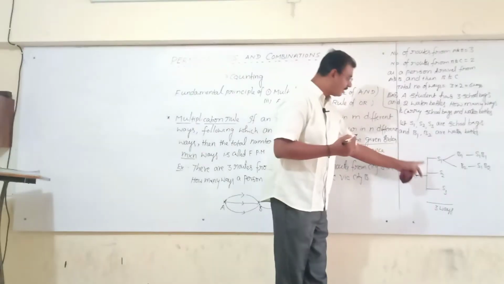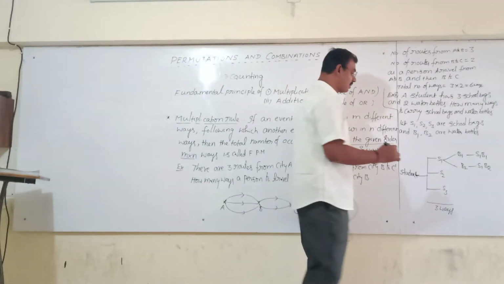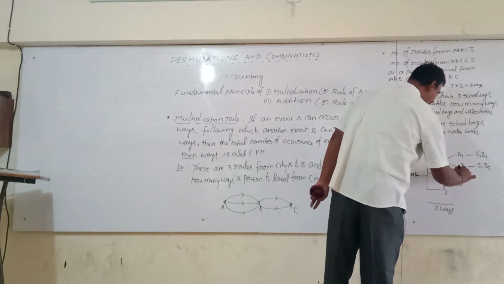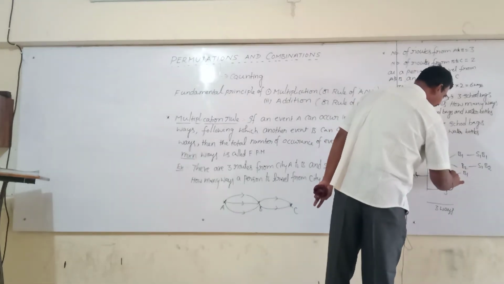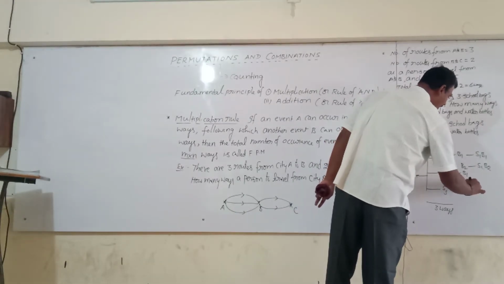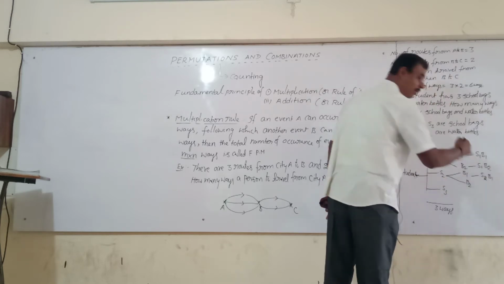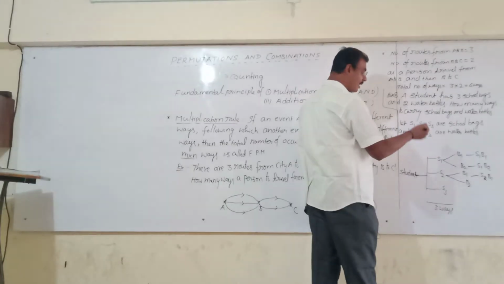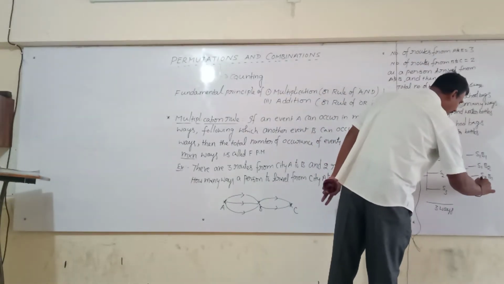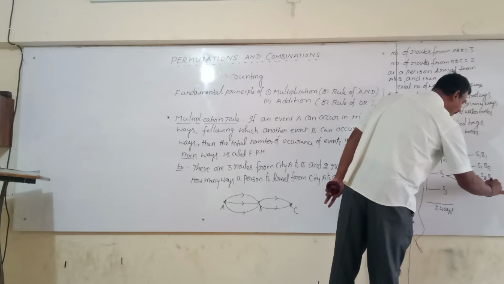Similarly, with school bag S2, he has to select water bottle B1 or B2. So S2 B1 is also one of the possibilities, and S2 B2.